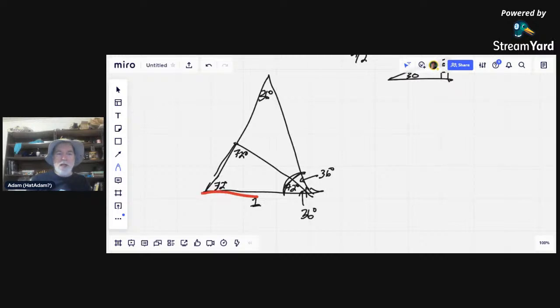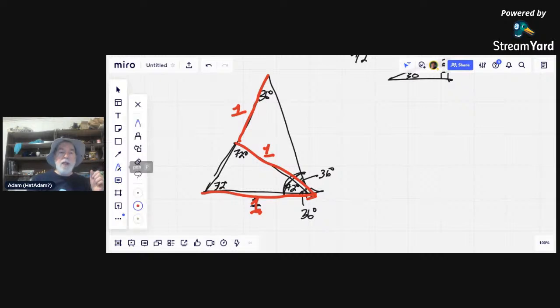So this right here is going to be our unit, but this also is a unit, and this also is a unit. So I'll write that all out in red too, or orange, whatever color this is. So 1, 1, and 1. Okay, so that's our unit.